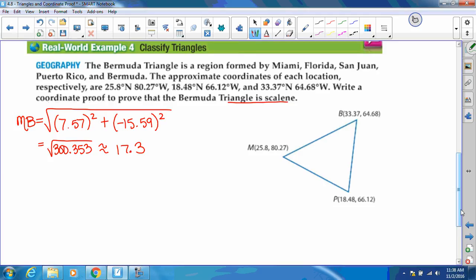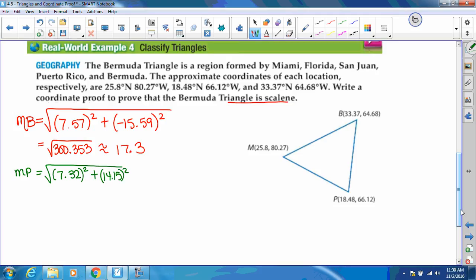Now we're going to do the length of MP. So square root of, so we're going to subtract the x's. So 25.8 minus 18.48 is 7.32 squared plus 80.27 minus 66.12 is 14.15 squared.